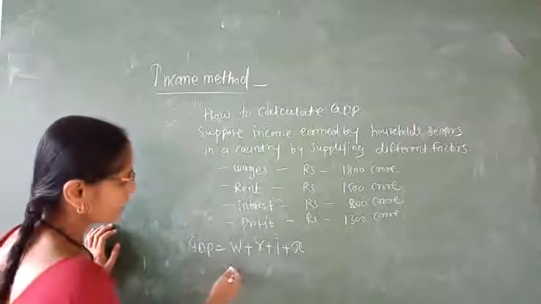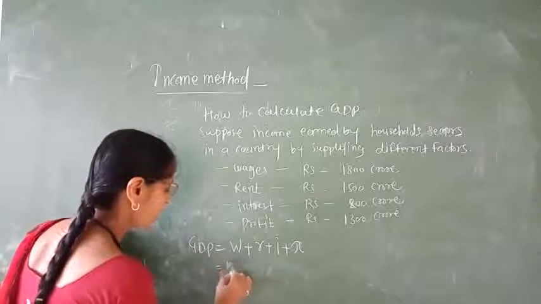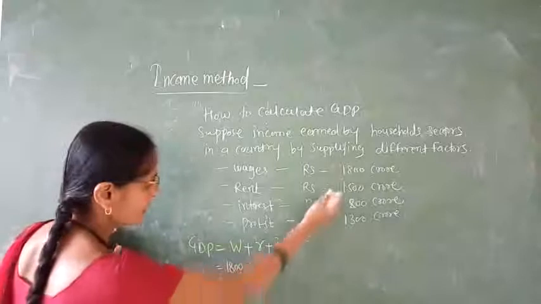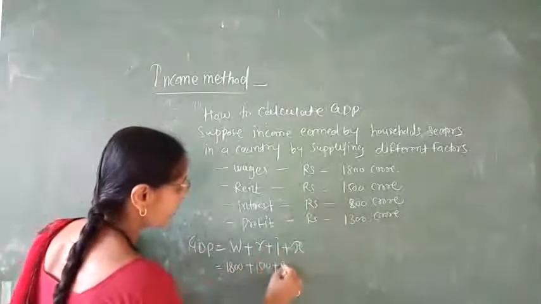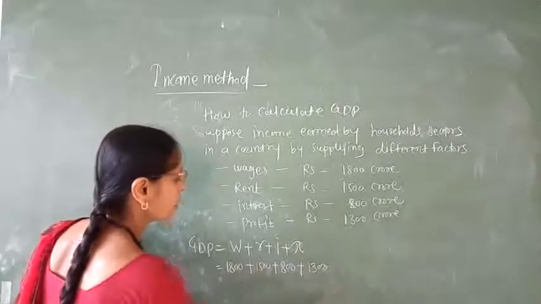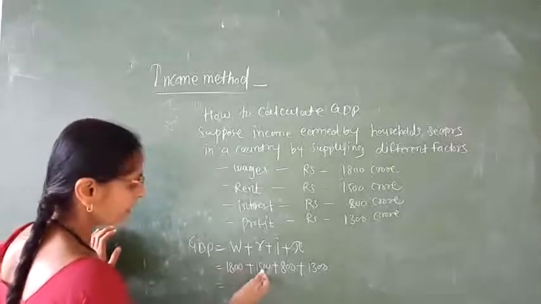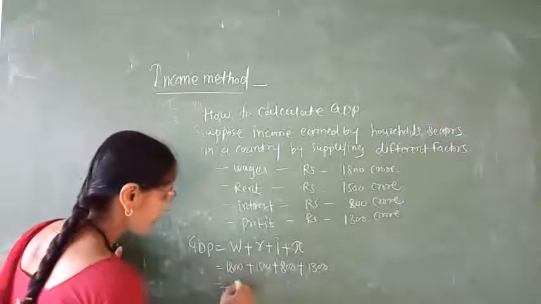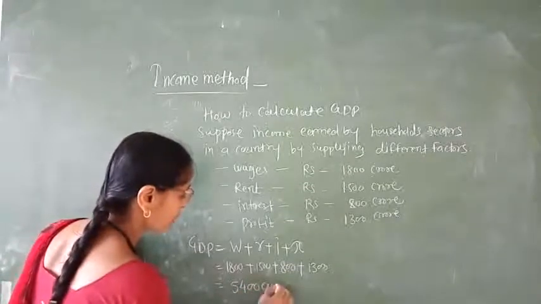So in this example, the wages are 1800 crore rupees, rent is 1500, interest is 800, and profit is 1300. So 1800 plus 1500 plus 800 plus 1300 is equal to 5400 crore.